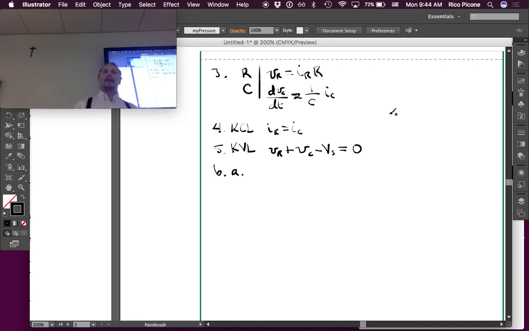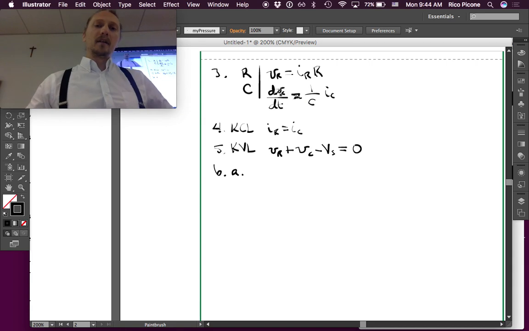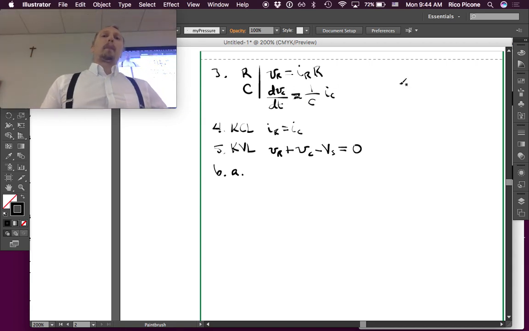We can eliminate a variable with, if we look here, we don't want to eliminate the variables that have time derivatives. So VC, we don't want to eliminate.